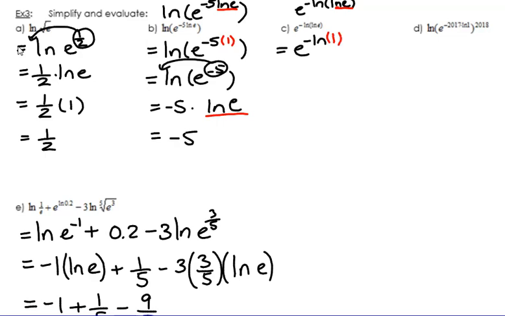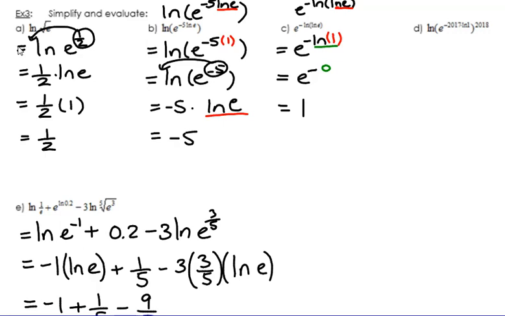Now ln of 1, we should recognize from the properties, equals 0. So it equals e to the negative 0, and anything to the power of 0 is 1. So your final answer would be 1.